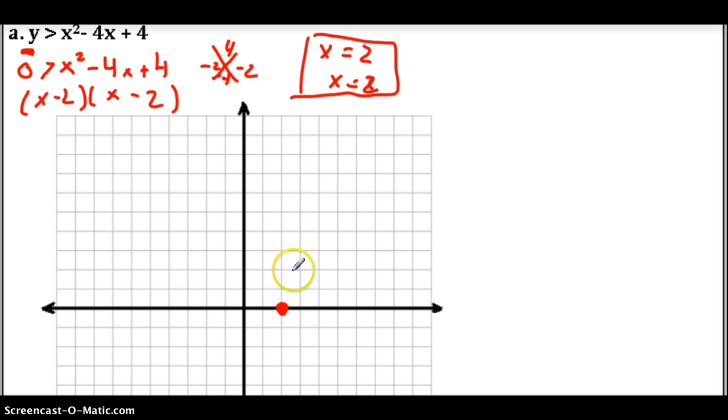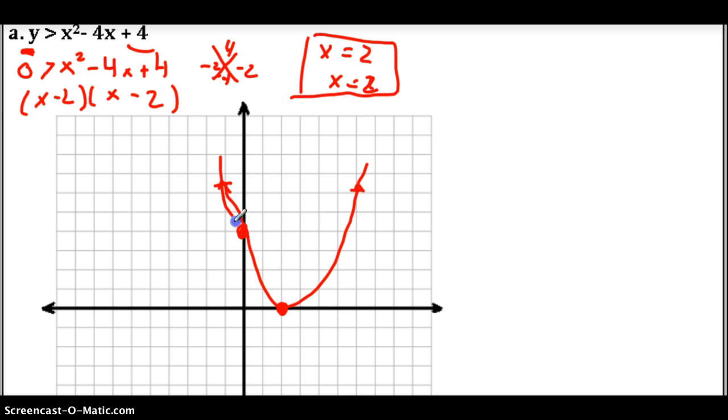There are many ways to do this. I'm just going to draw an easy graph. The y-intercept is at 4, so we know at 1, 2, 3, 4, it's going to be over here. So it's going to look something like this, going up like that and going up like that. So I just look at the y-intercept and graph my roots.